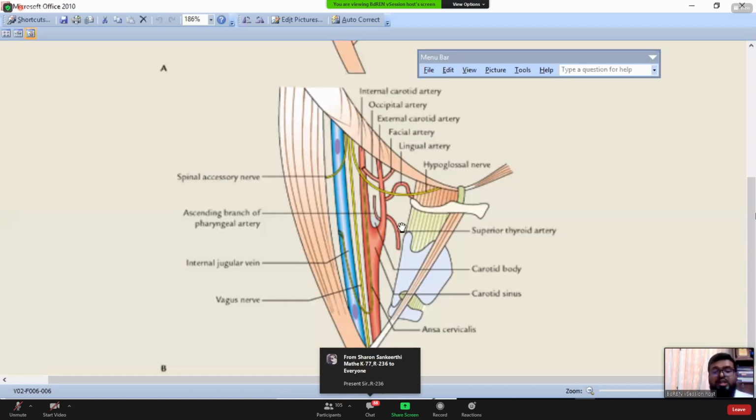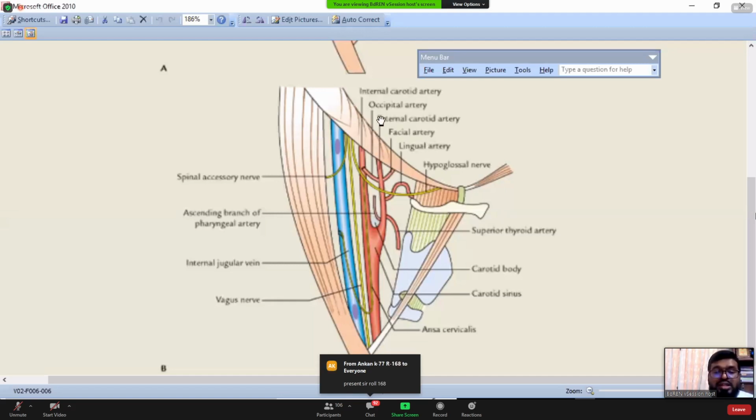Which are the five branches? Superior thyroid artery, then the lingual artery, the facial artery, the occipital artery, and the posterior auricular artery. These are the 5 branches present. And the ascending pharyngeal artery, though it is not in the carotid triangle, is a branch of the external carotid artery.